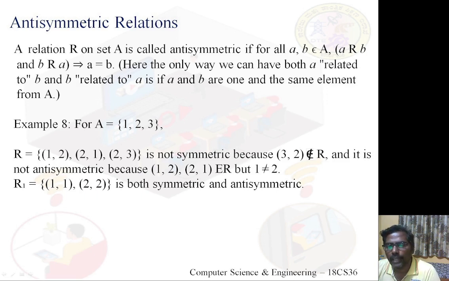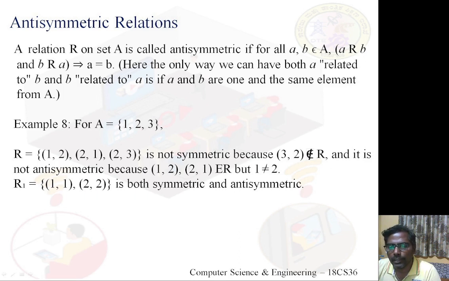Now look at R1. It has (1, 1), (2, 2), but no pair (3, 3), so it is not reflexive. To check whether it is symmetric, if there is a pair of the form (a, b), then there should be a pair of the form (b, a).